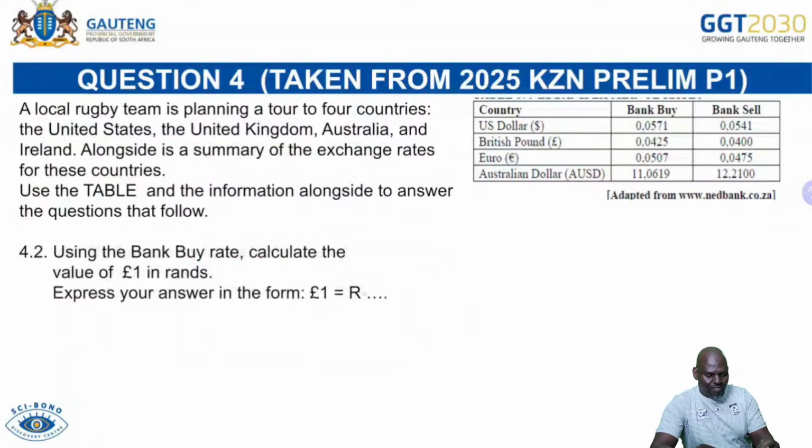Now, if you look at the information that is given there, we've got 1 British pound, it's equal to, okay, so we've got 1 South African rand.